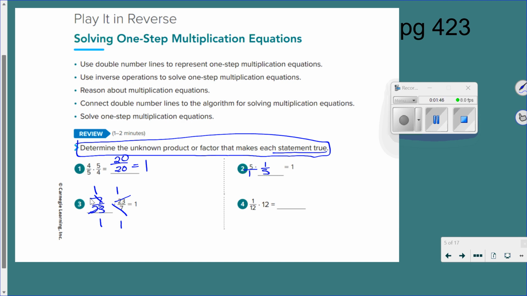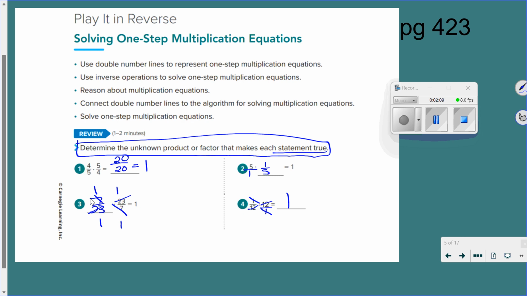That's why I'm stressing it. When you multiply a number by its reciprocal, it equals 1. So, making this a fraction, they are reciprocal, so I know it equals 1. Yes? Any questions? All right, turn the page.